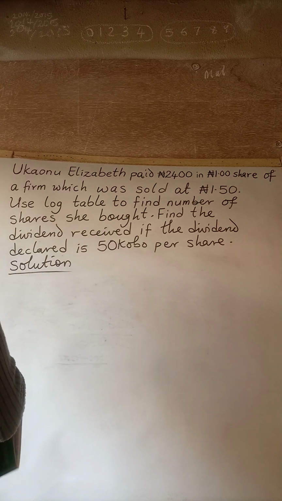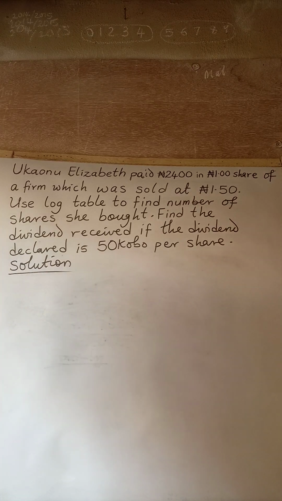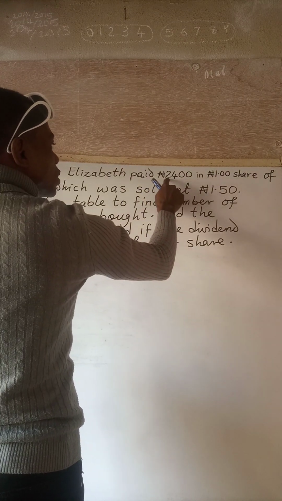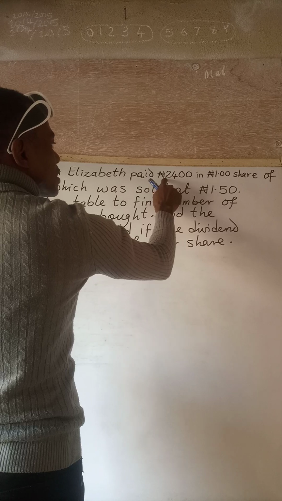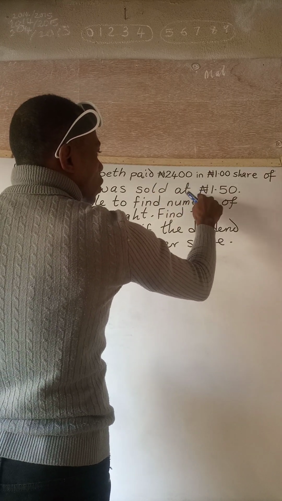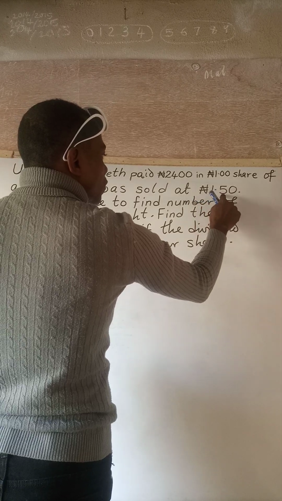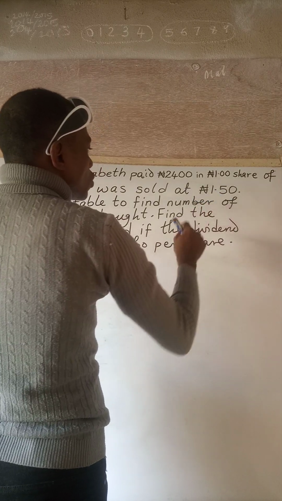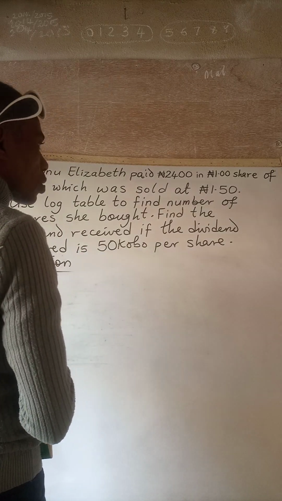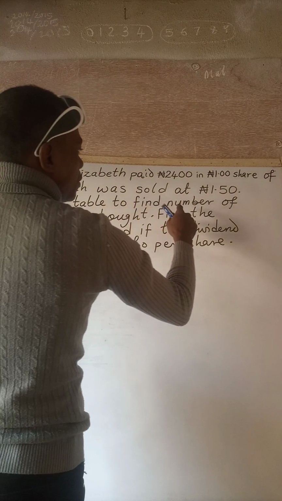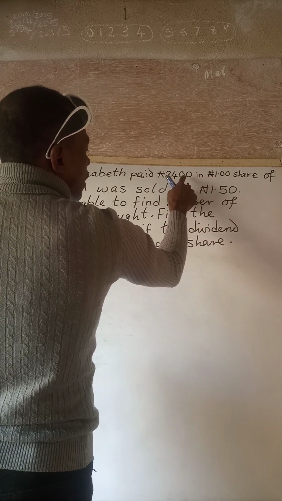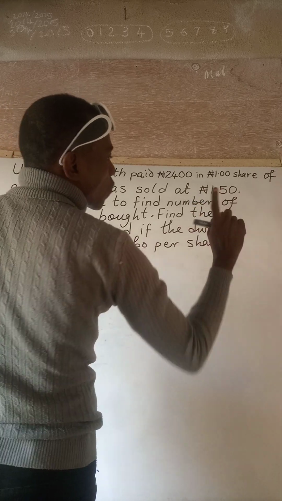Now from the analysis of everything, Okono spent 2,400 naira, which is Nigerian currency, for a share that costs 1 naira 50 kobo. So we want to know the number of shares that Okono bought, which would have been 2,400 naira divided by the cost of one share.